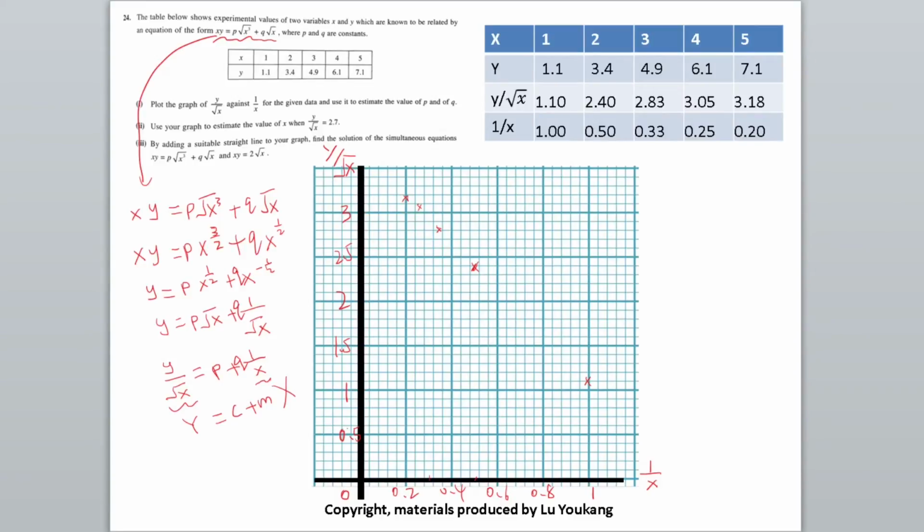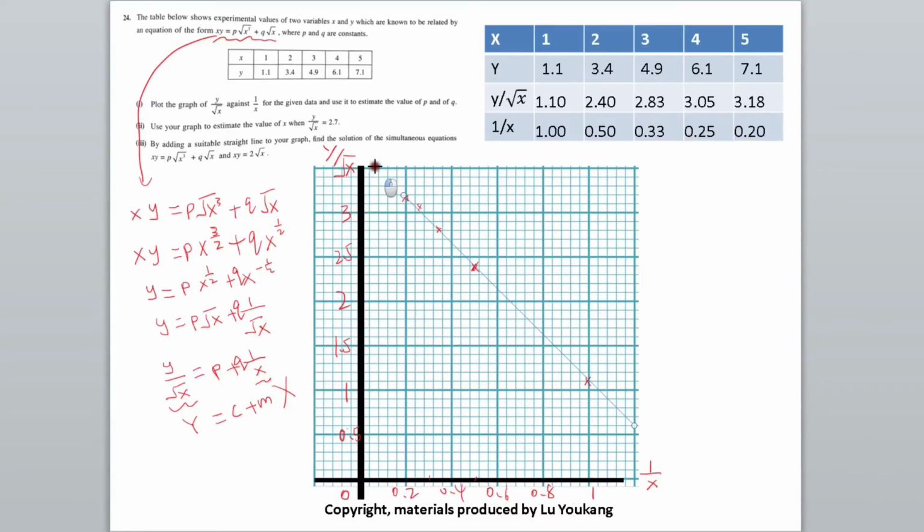Okay, so I have marked out all the points, and your job is to link up all these points and extend your line so that it cuts the vertical axis.